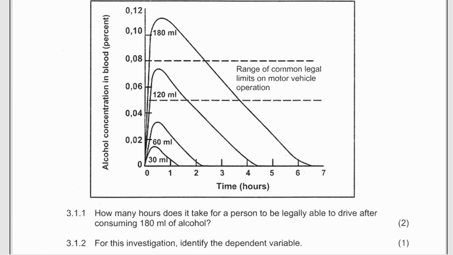180 milliliters is this one. And this is the normal range, meaning that when this person drank here, it took him to reach this mark around maybe 2 hours 50 minutes, meaning 2.8 hours, something like that.